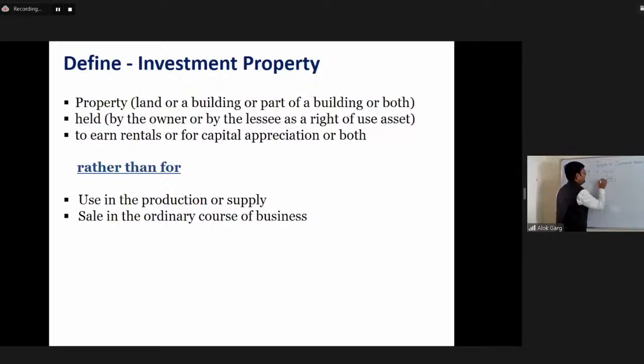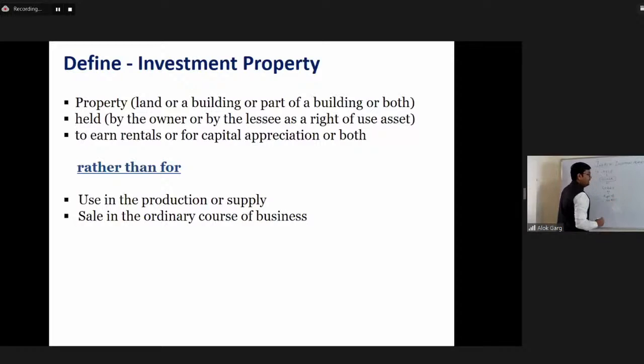Owner means the company has purchased the building and the intention is to earn rental from that building, or the company has purchased the building and the intention is to earn capital gain on that building. So it is known as held by the owner because the company has purchased, or held by a lessee as a right of use asset.